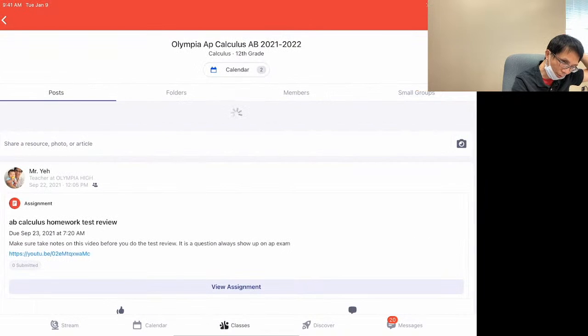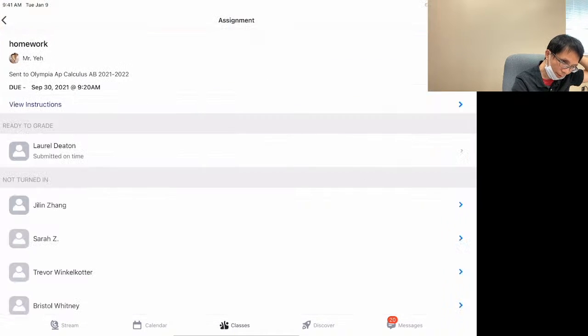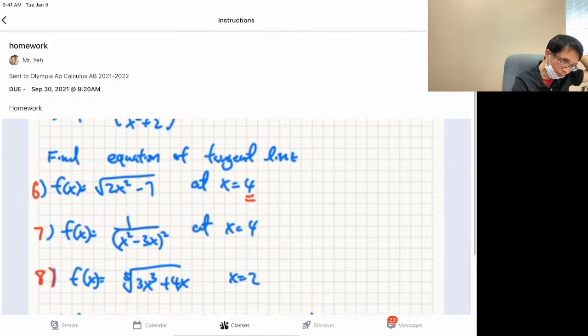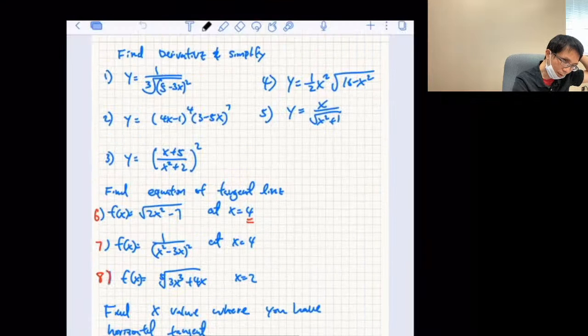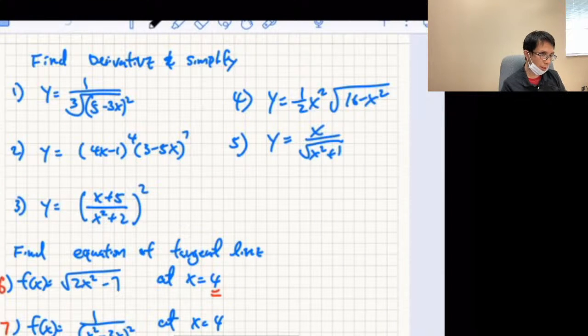Wait, I thought I posted homework. It is this one, number 4. Number 4 and number 5 are very similar. So you can start with number 4.